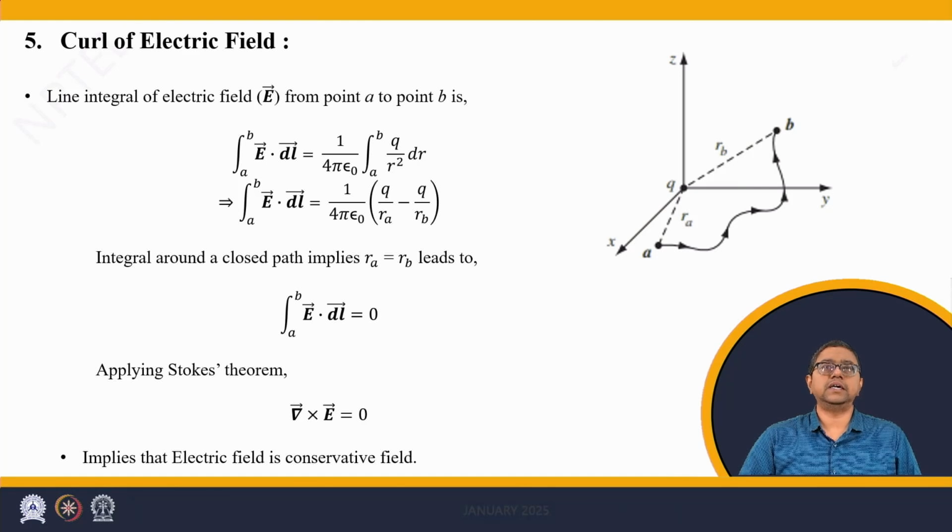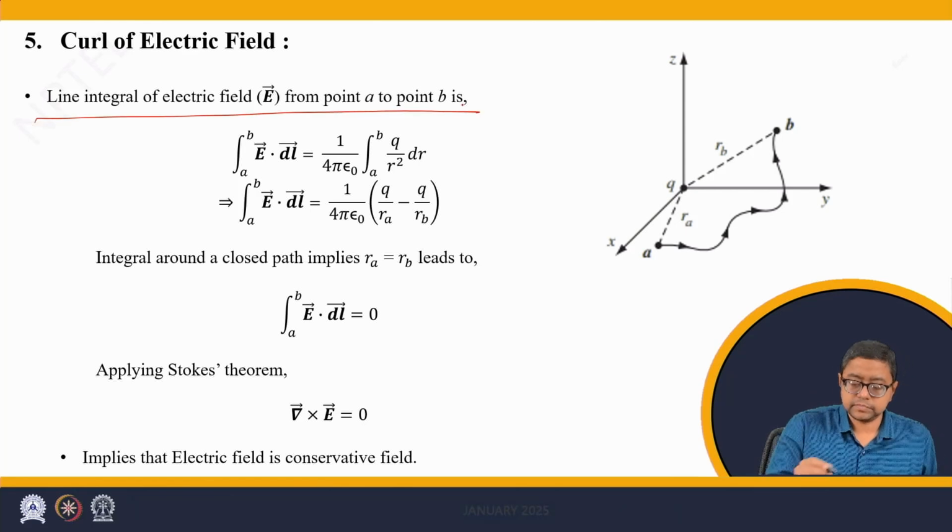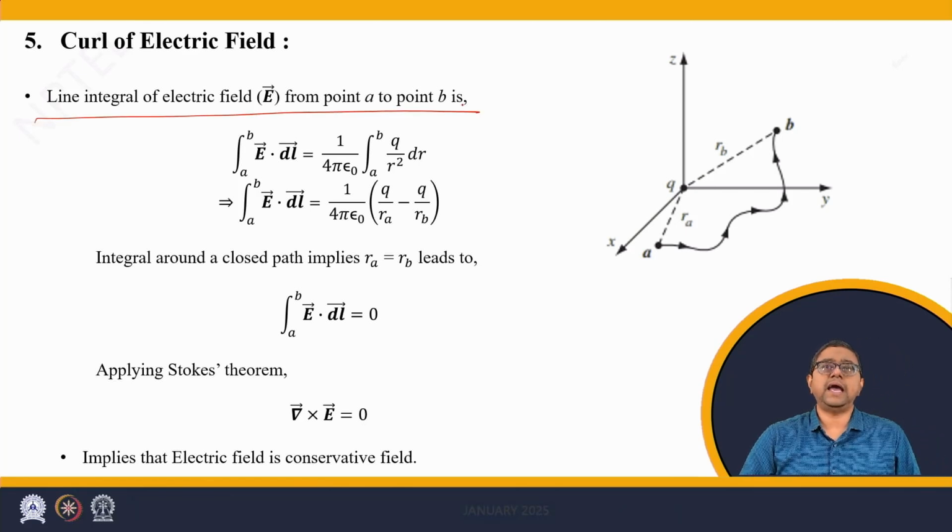Next, we consider the curl of electric field. The curl of electric field can be obtained as follows. We will be using the line integral of electric field from point A to point B. This is along the same lines as obtaining the curl of the gravitational field, which we have seen in the previous module.